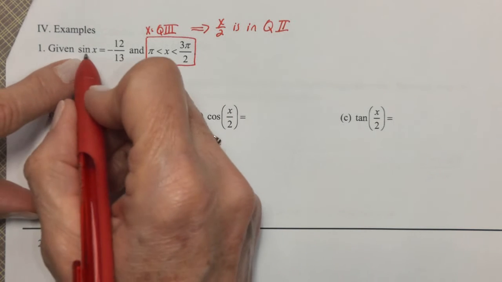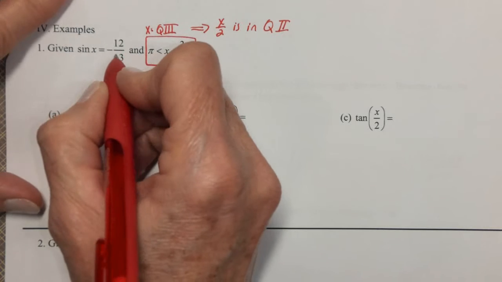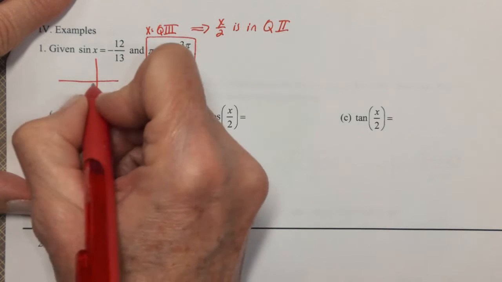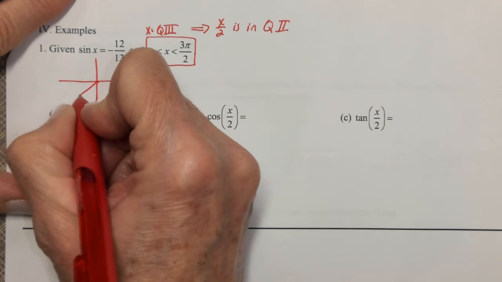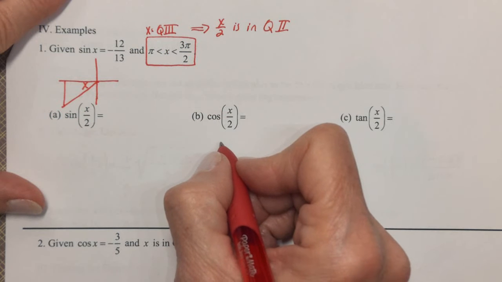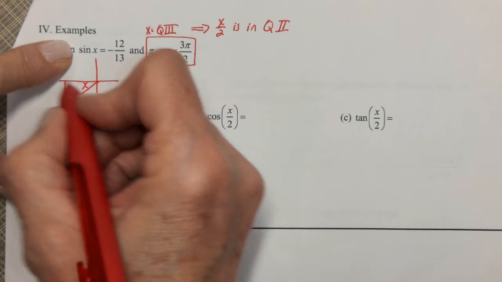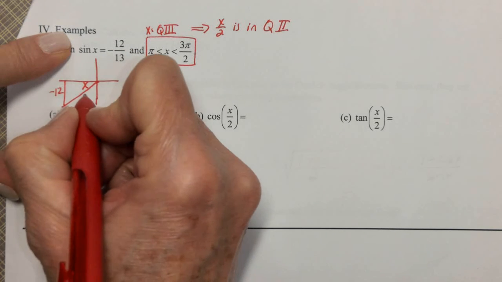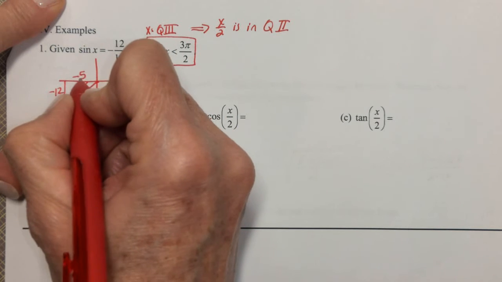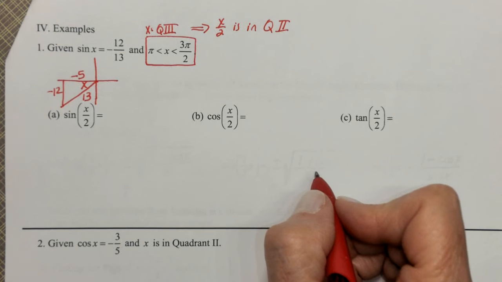If x is in quadrant 3, then x over 2 must be in quadrant 2. But sine of x is negative 12 over 13, and x is in quadrant 3. Sine is opposite over hypotenuse, and that means the adjacent side here will be negative 5.